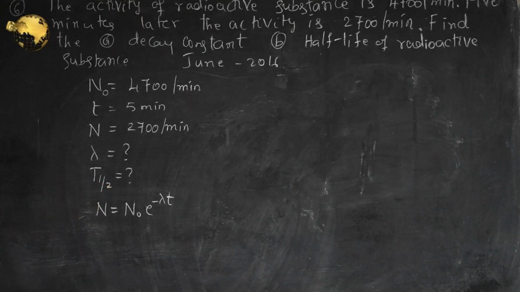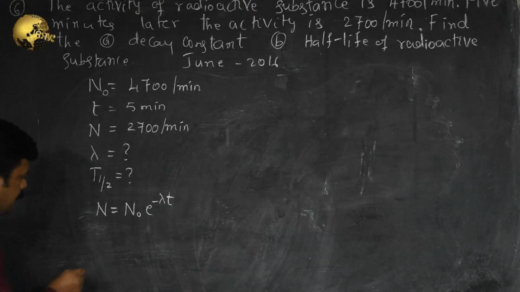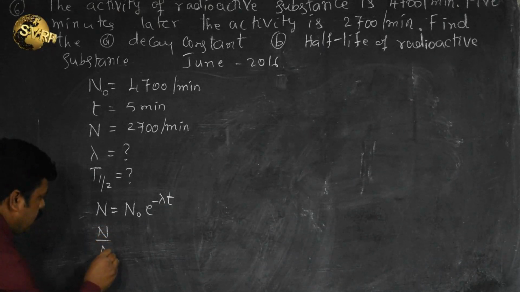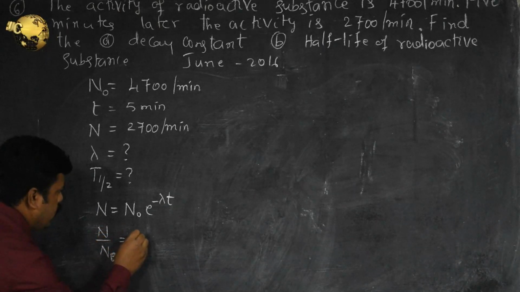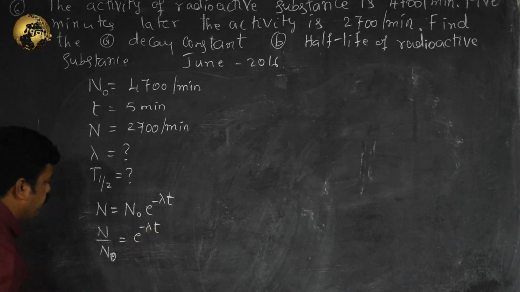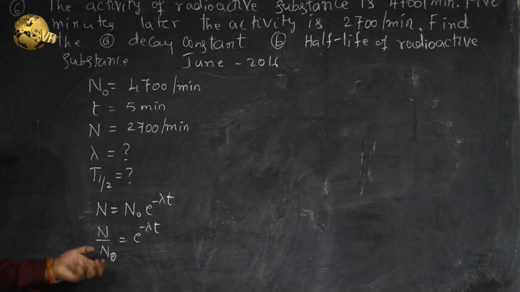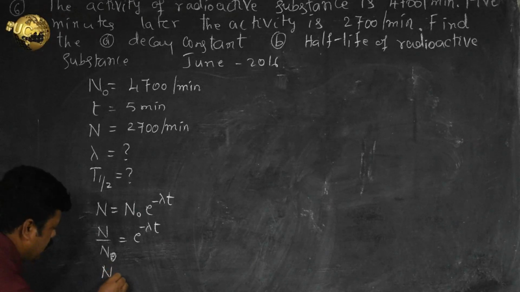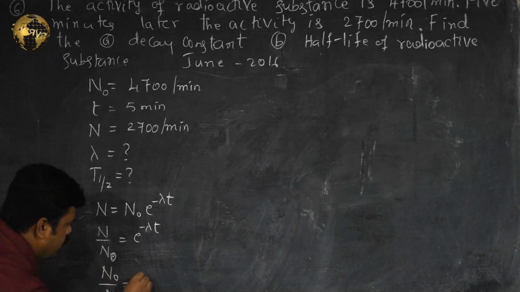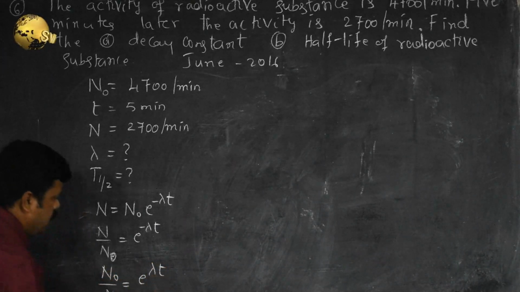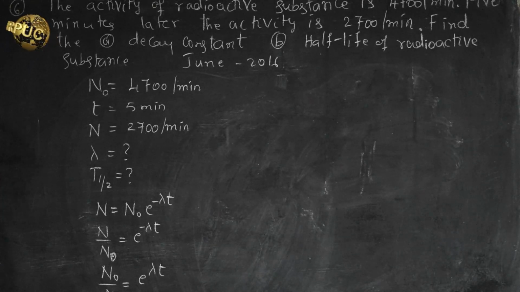Let's rearrange this equation. N by N naught is equal to e to the power minus lambda t, or taking the reciprocal, N naught by N will be equal to e to the power lambda t. Let's proceed.